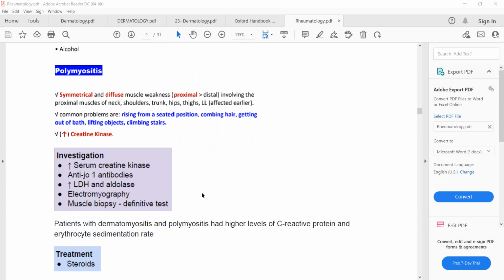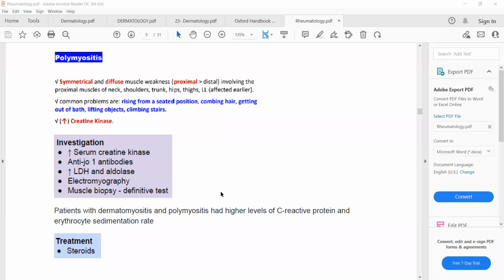A dying skeletal muscle will release creatine kinase as well as LDH and aldolase, so these three enzymes will be increased. Anti-Jo1 antibodies are specific for polymyositis, and the diagnosis will be confirmed on muscle biopsy.